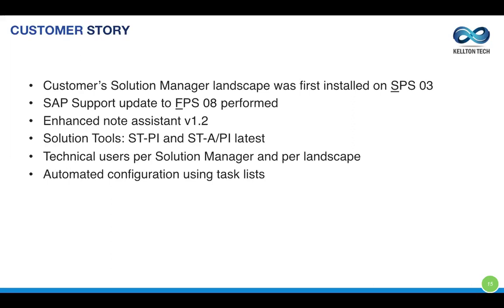For example, we wanted to do the STPI update and do an enhanced note assistant configuration. Then the SPAM update required is version 70. We were on 69. So those things would come only when you start applying it. It may or may not be documented very well, but now SAP has all the information out, so there is less confusion as compared to what it was a few months or a few weeks ago.